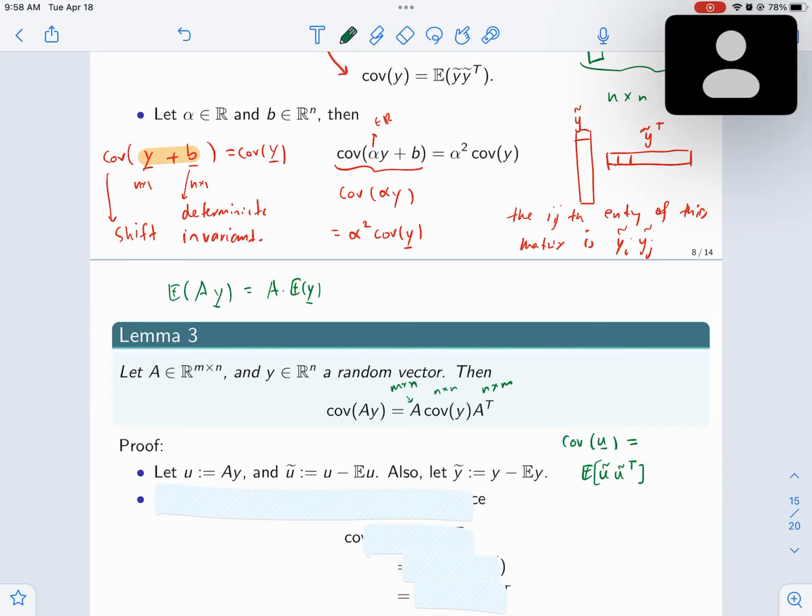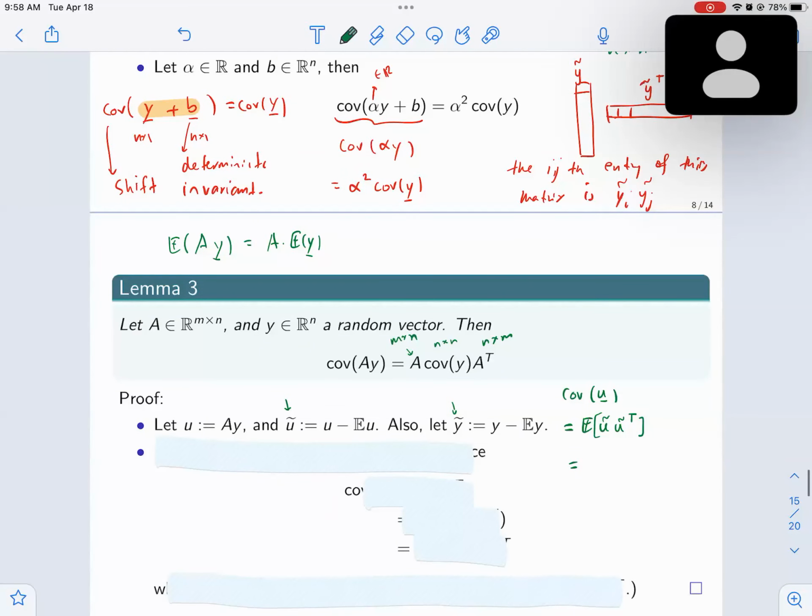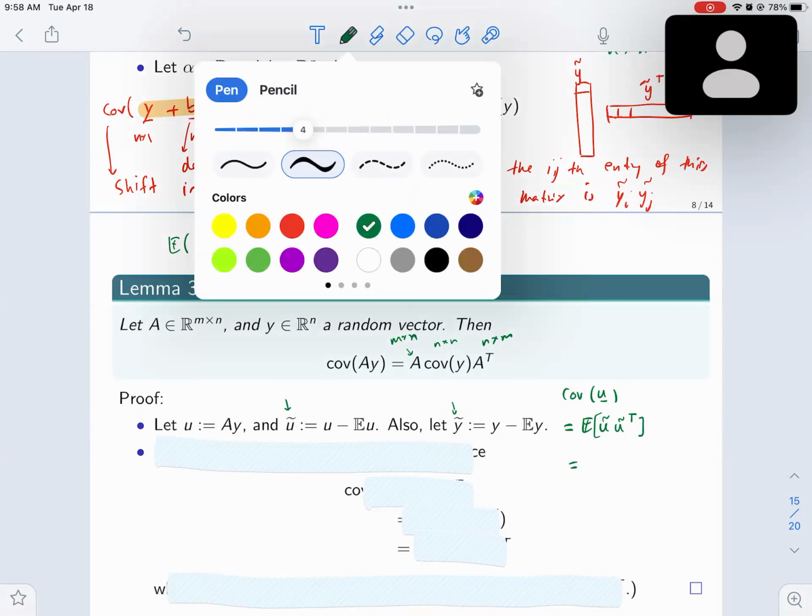Now, can anyone tell me an expression for u tilde? Can I relate u tilde to y tilde? Okay, great. How do we argue for that? Why is that?